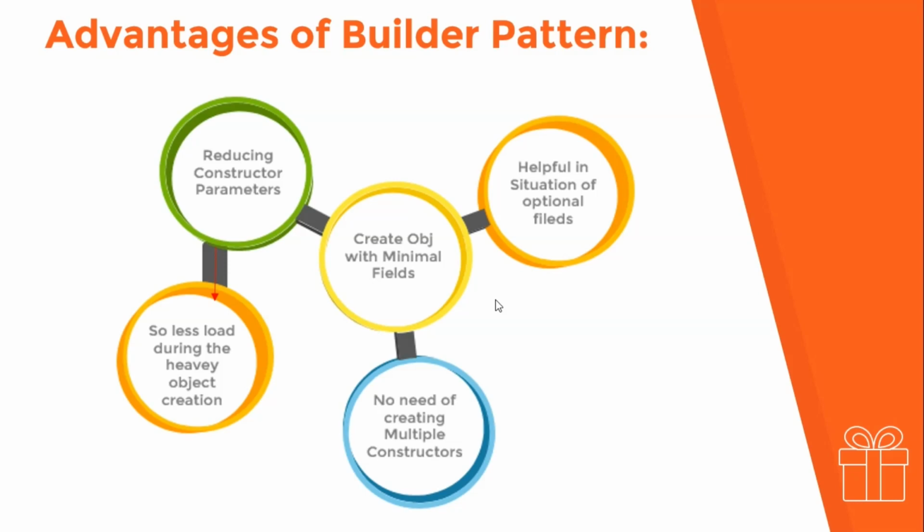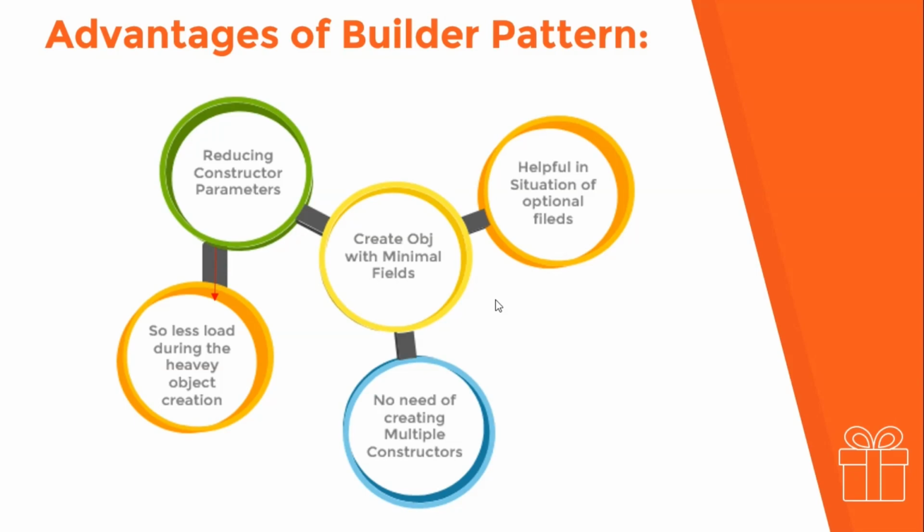Let's say you need another type of object which may require only 5 fields, or only 8 fields, or 2 fields, or even no parameters. So what to do? This problem can be solved with the help of the builder pattern. It is helpful in situations with optional fields. When you have multiple optional fields, you can use the builder pattern to solve the issue.